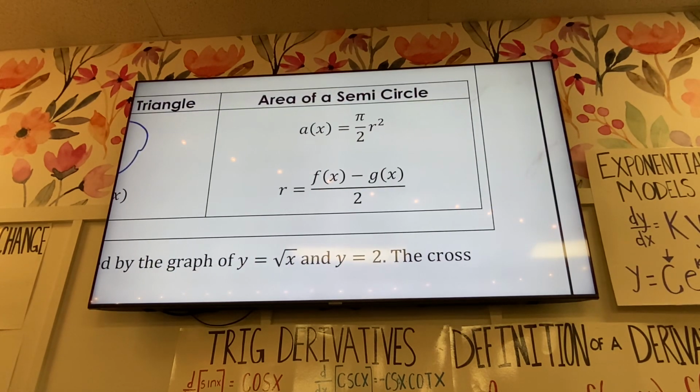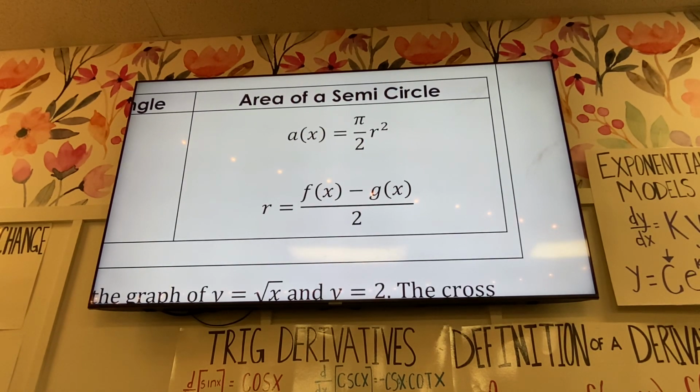And then the last one here is we have semicircles. What's the area of a circle? Pi r squared. And so because this is a semicircle, that's where the 1/2 is coming from. So the half is because it's a semi. Now on your little formula sheets, I did something kind of weird.